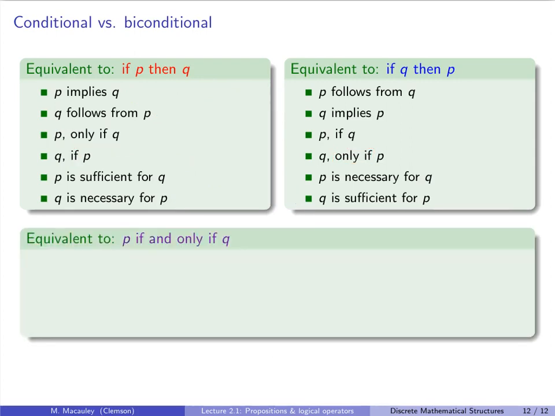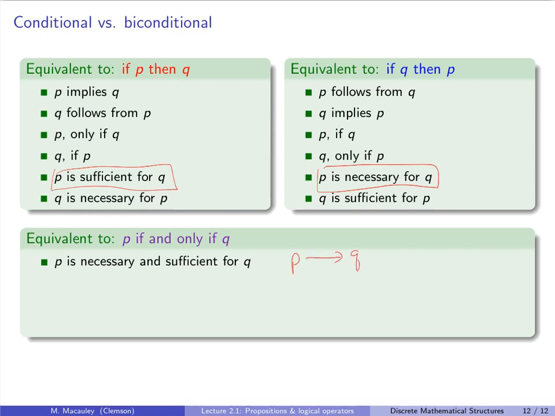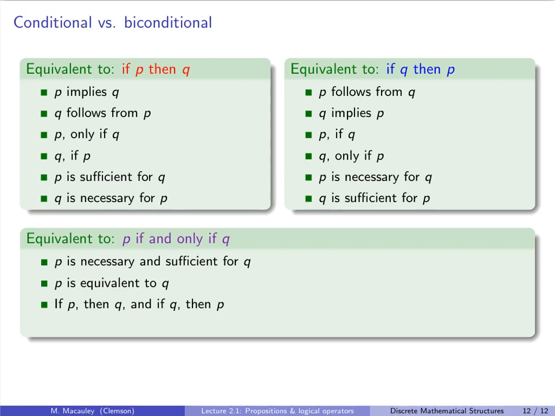Here is a list of things that are equivalent to the statement P if and only if Q. First, P is necessary and sufficient for Q. So P is sufficient for Q and P is necessary for Q. The first one says that if P, then Q, and then if Q, then P. Next, P is equivalent to Q. Next, if P, then Q, and if Q, then P. And finally, because this third one is a little bit clunky, we can instead say if P then Q, and conversely.